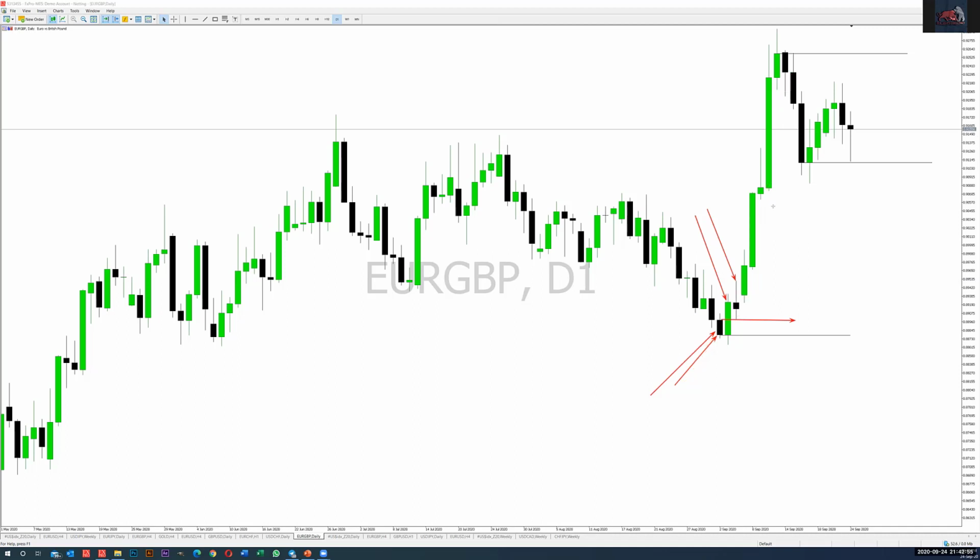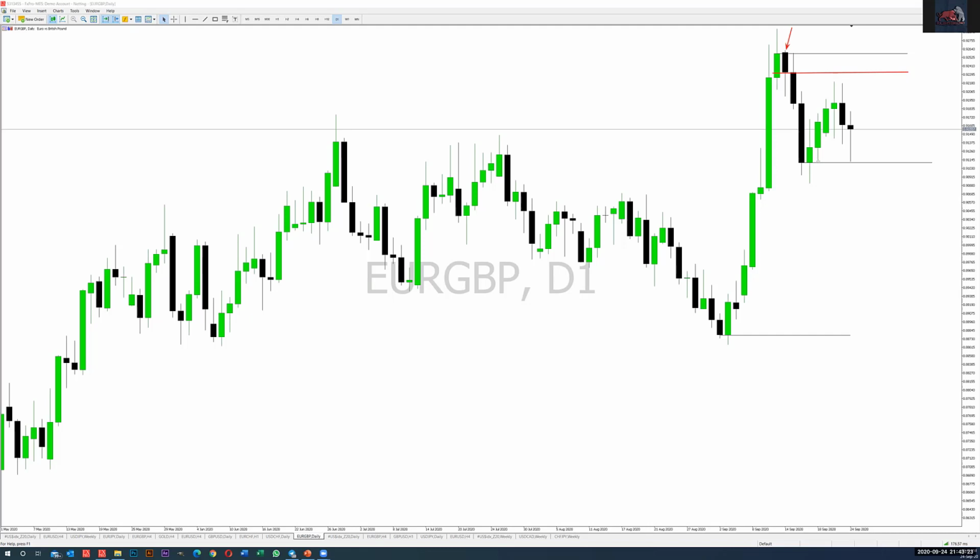Now from the upside, if you look at this candle here, the first bearish candle when market turned to the downside, it has been tested also, right? And then market traded lower.